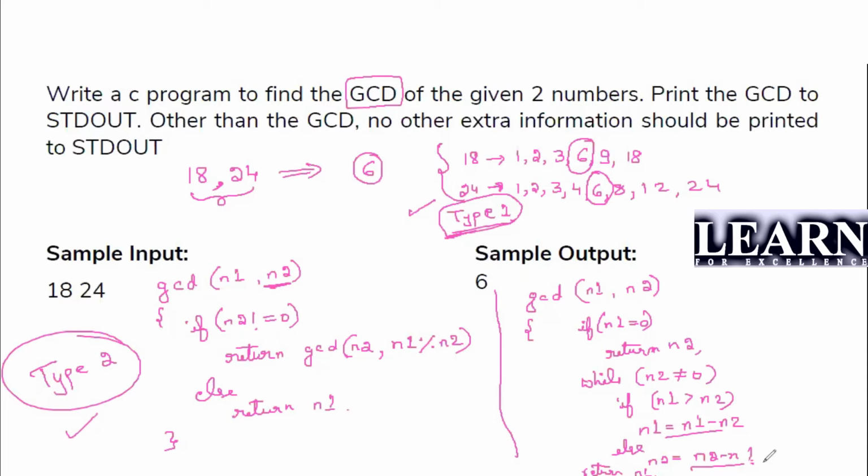Getting it? Yes, we can use recursion with subtraction like how we have done it over here. N1 modulus N2. We can go with N1 minus N2 comma B, that is nothing but N2. So we can go in that format also. Okay, there are different ways.